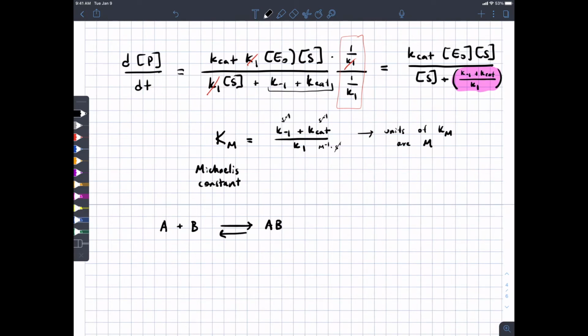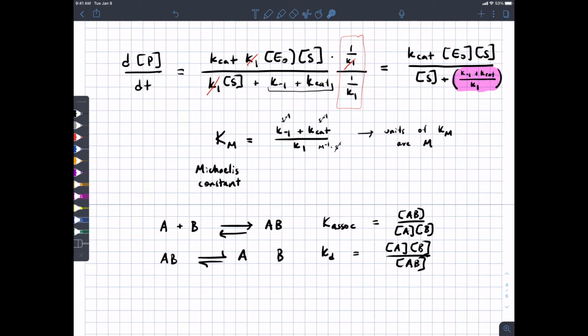You can write an association constant, which is the forward direction where the product is AB and the starting materials are A and B, or you can write it in terms of the backwards reaction where the complex between A and B dissociates to give you A and B. And in that case, KD equals concentration of A times concentration of B divided by the concentration of AB.